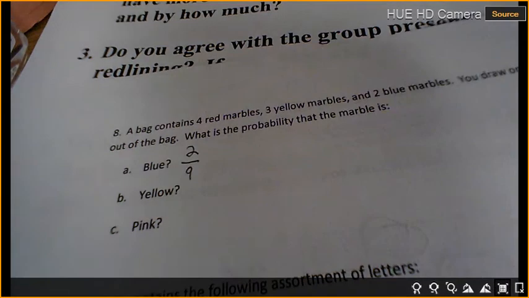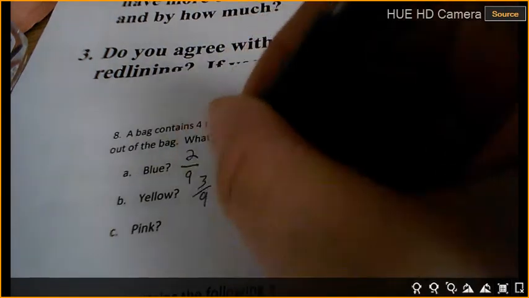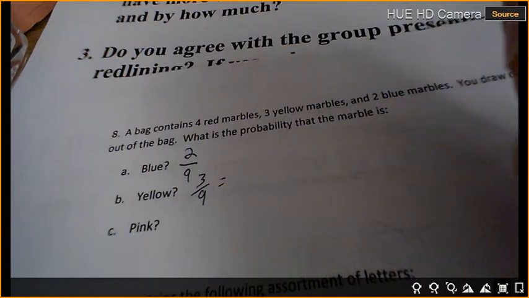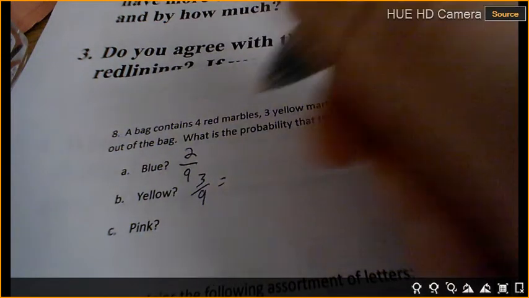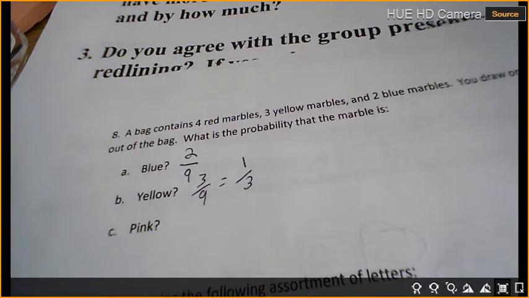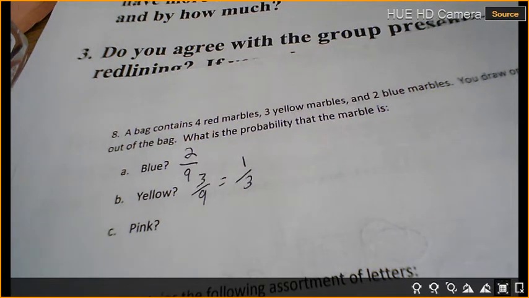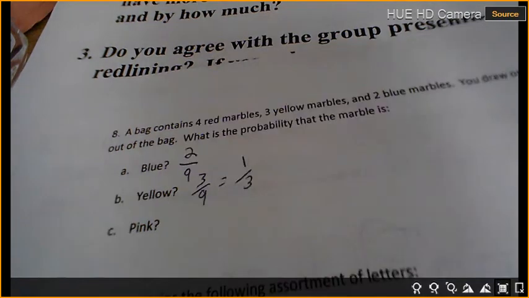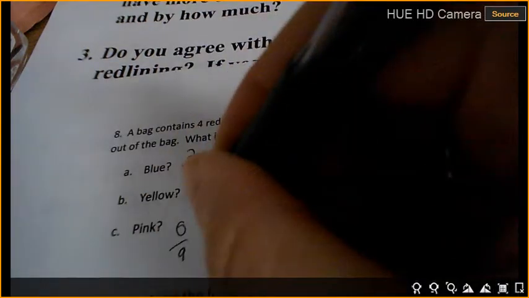So we got 3 out of 9. Can we reduce that? How many times does 3 go into 3? How many times does 3 go into 9? 3. So there's a 1/3 chance that it's going to be yellow. What is the probability of picking pink? 0. So 0 out of 9 or just 0.